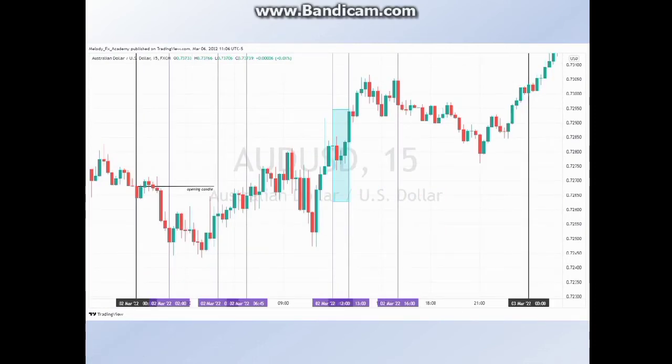Now this is Wednesday trading for the week we are looking at. Remember, we started with Tuesday. So now we are looking at a brand new day, brand new data, and this is the 15-minute chart.